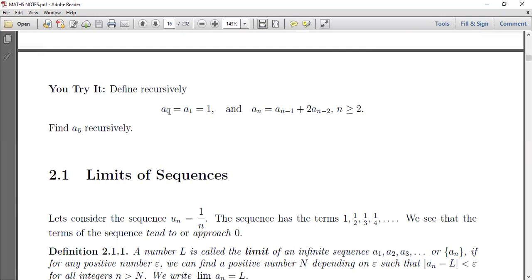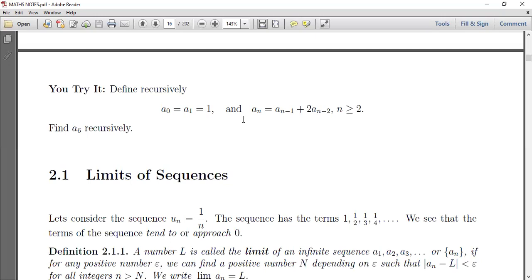And we know that a0 and a1 are equal to 1. The recurrence formula we are given is a(n) is equal to a(n-1) plus 2a(n-2). So it means we are using the previous 2 terms to calculate the current term. Here we are saying for n greater than or equal to 2, because a0 is given as 1, a1 is given as 1.